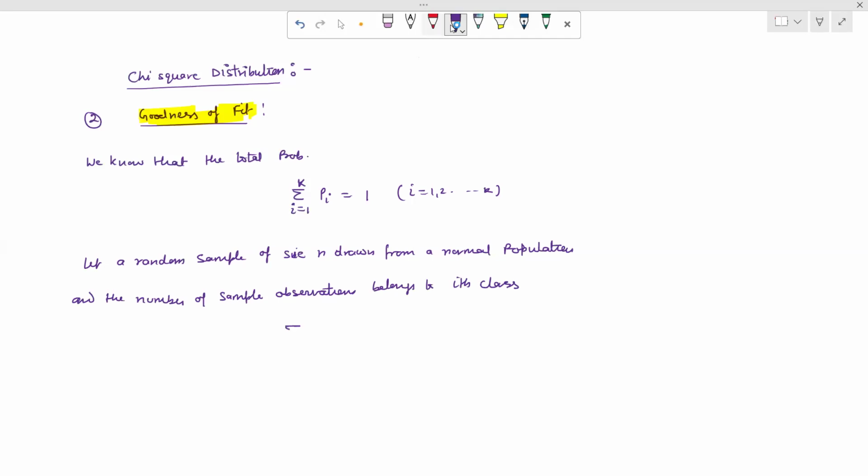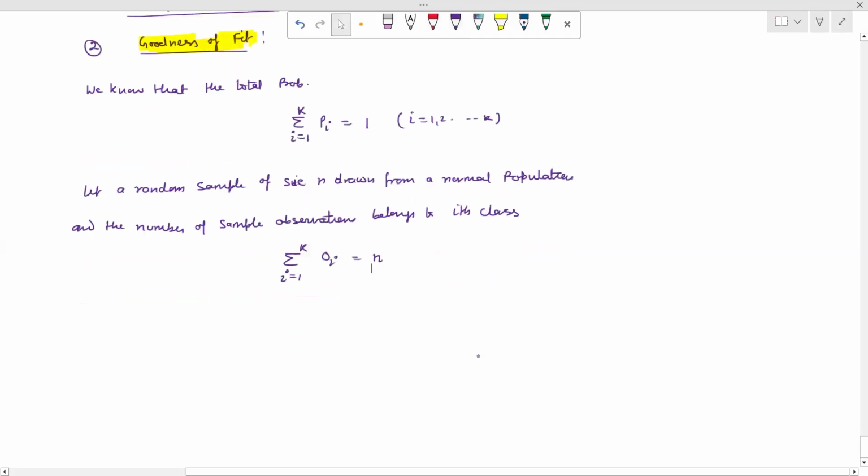So here we write summation of i equal to 1 to k Oi is equal to n. So these are the Oi, meaning observations. These are the given sample observations.